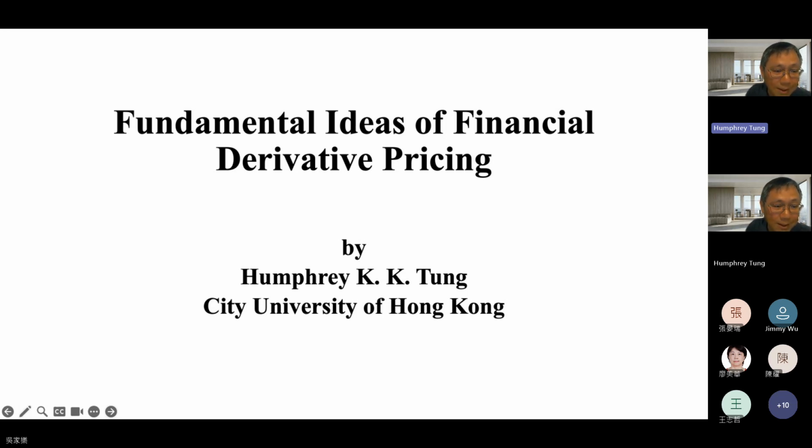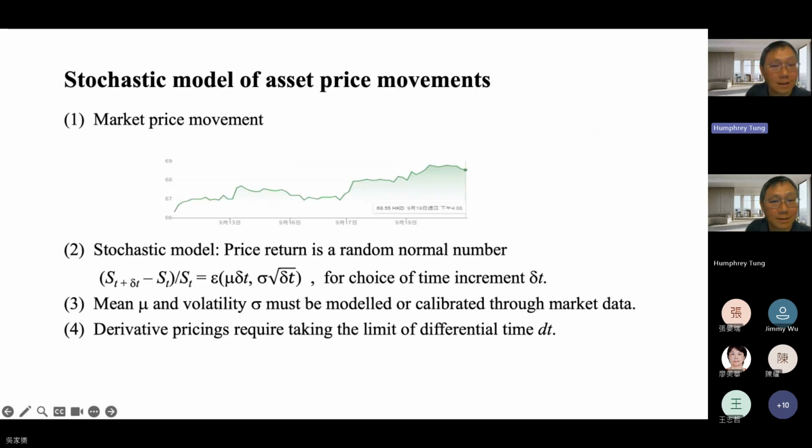I just want to let you know the fundamental ideas of financial derivative pricing. So I'm not going to go through the mathematics in detail, just let you know the idea behind derivative pricing. Then I'll leave the technical detail to you guys, maybe the experts on financial computing. So next slide, please.